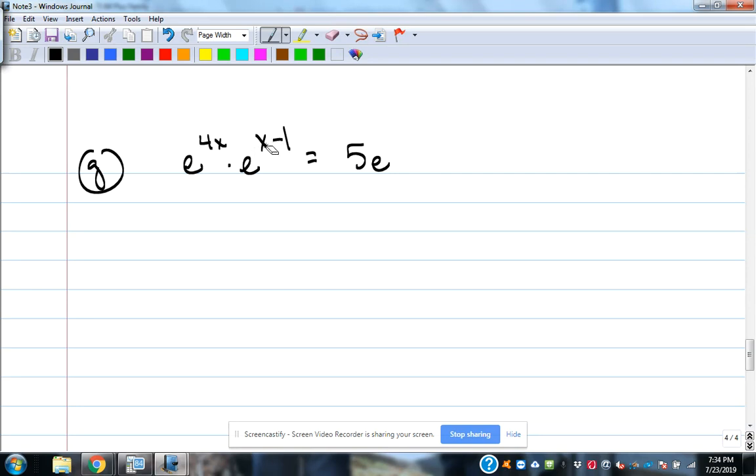So I can simplify that side using exponent rules. If I multiply and have the same base, what do I do with the exponents? Add them together. So 4x plus x minus 1 would be 5x minus 1.